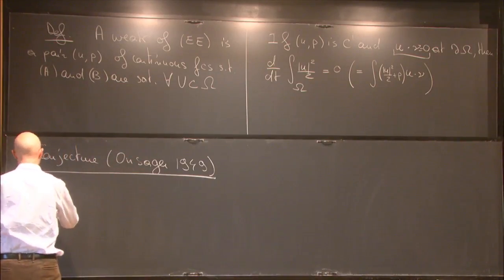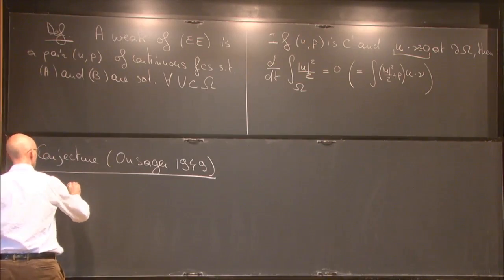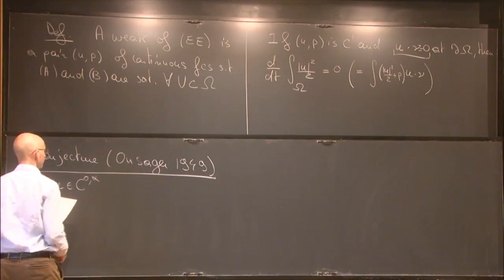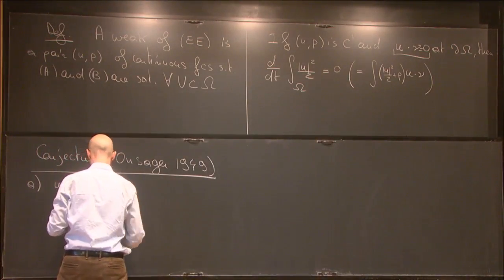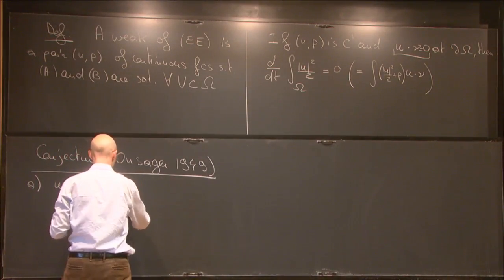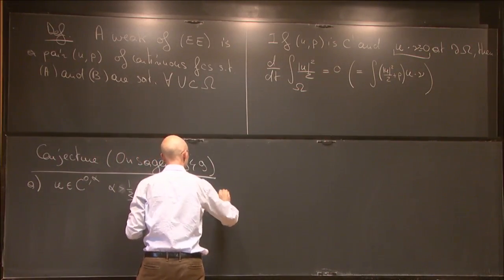Okay, so he conjectures the following. If U is in C0 alpha, so it's Hölder continuous with alpha bigger than 1 over 3, then U is energy preserving.